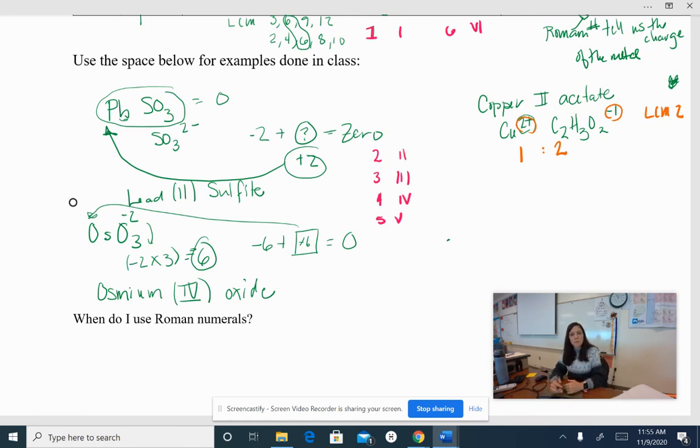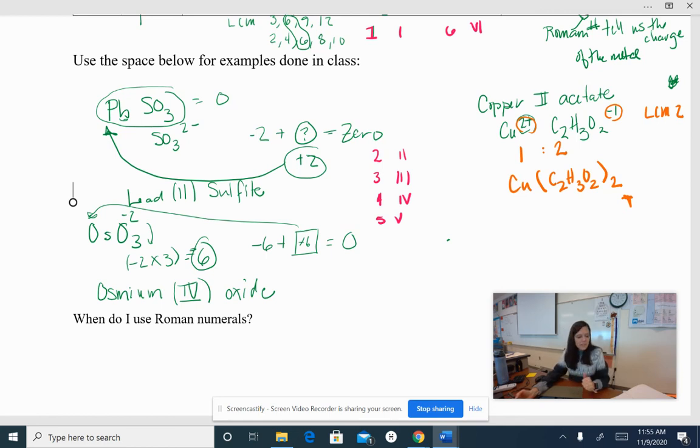Now remember, in order to multiply a polyatomic, we've got to put parentheses around the whole polyatomic and put our multiplier as a subscript at the end. So here we go: 1 copper, and I'm going to multiply the acetate by putting it in a parenthesis, closing that parenthesis, and putting that multiplier at the end as a subscript.